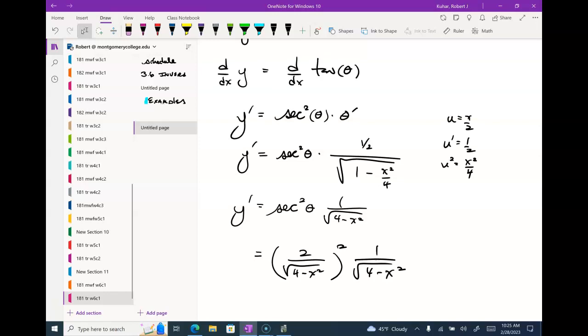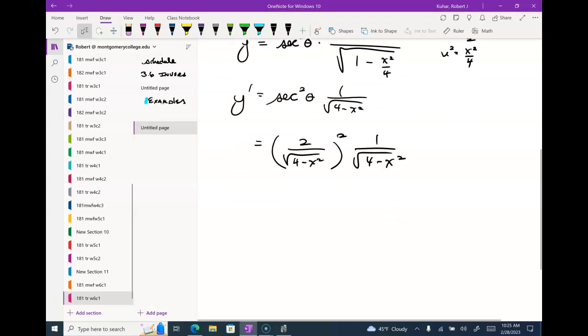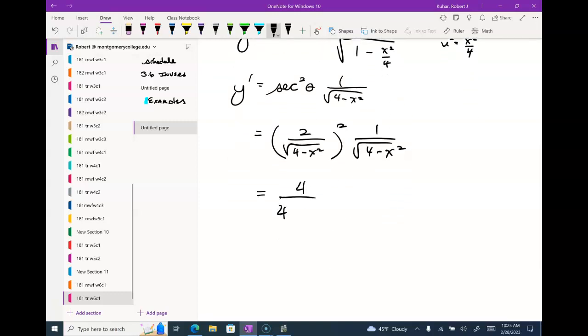Am I done? No, I have fractions inside of fractions. Or better than that, I have 2 fractions. So I get 4 over 4 minus x squared times 1 over square root of 4 minus x squared, which is final answer 4 over 4 minus x squared to what power? 3/2. Very good.